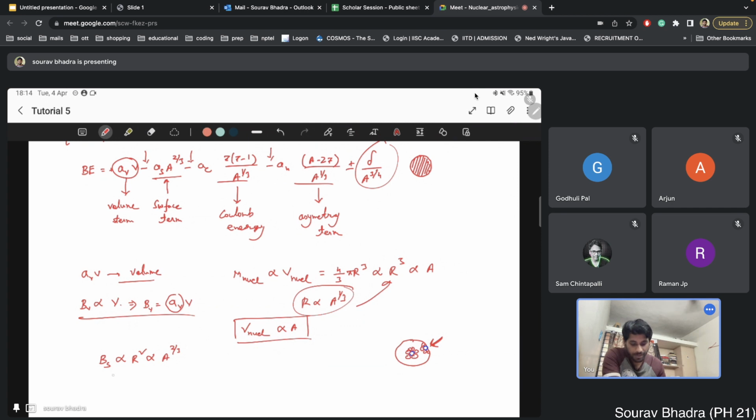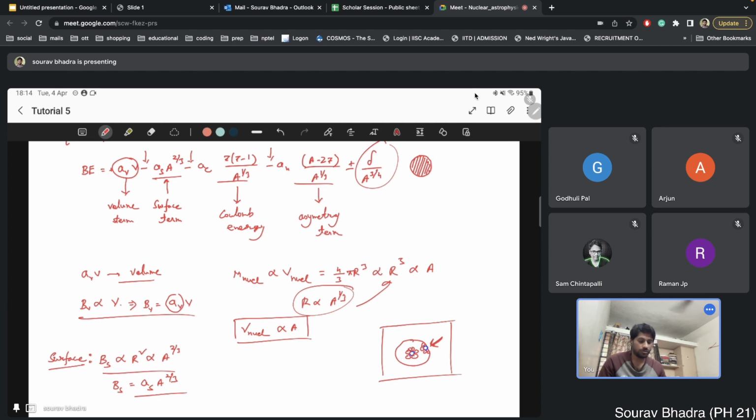Okay. So your BS, the surface term, will be proportional to A to the power 2/3, and again if you convert it to an equation, it will be AS times A to the power 2/3, where AS is the constant. Okay, so this is the reason behind the surface term, the asymmetry of positioning of the nucleons.